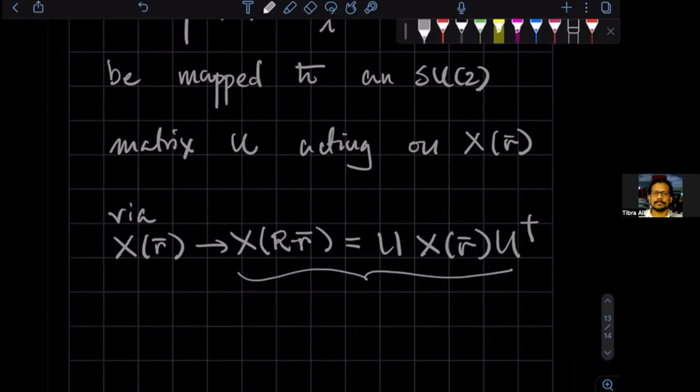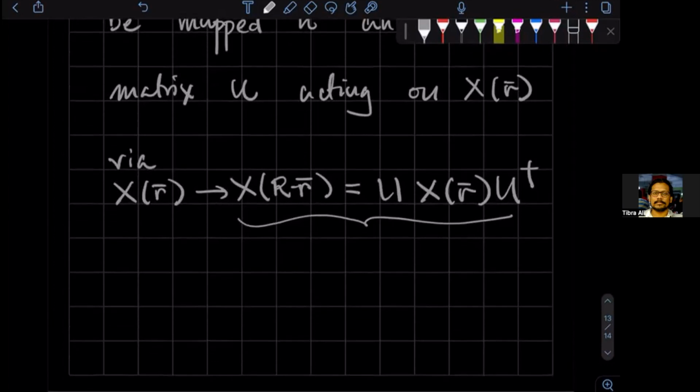We have not made it very explicit, but this is essentially the homomorphism between SU2 and R. Before we construct this very explicitly, which we will do in a minute, maybe after the break, I want to talk about how this gives us the geometry and the topology of SO3.